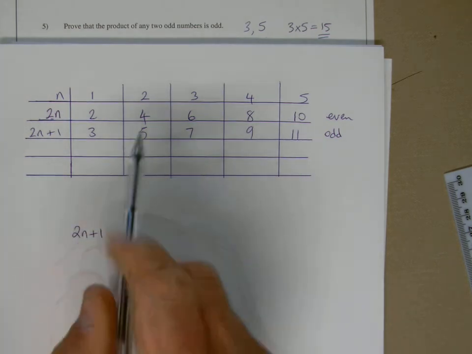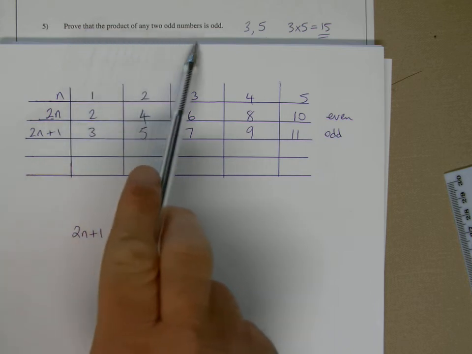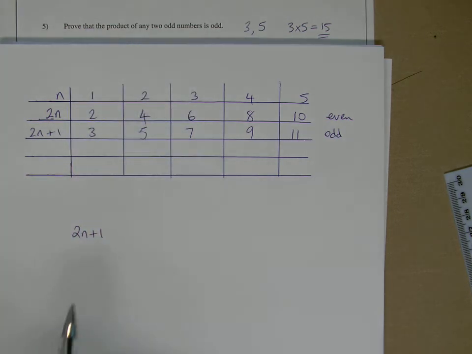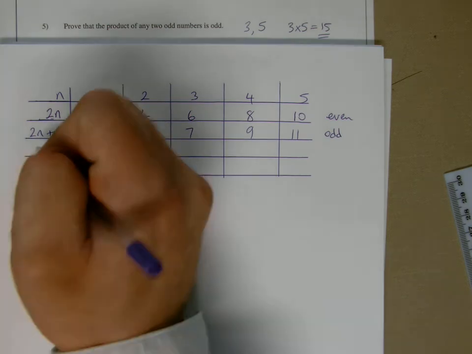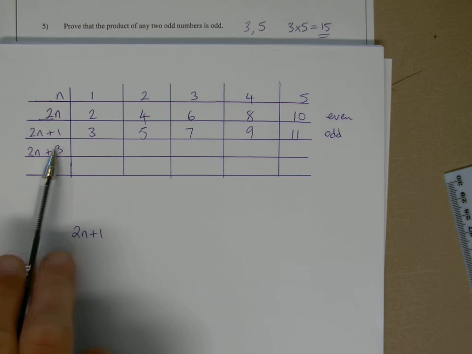Now it says here, prove that the product of any two odd numbers. So I could think of this representing an odd number. Suppose I times it by another odd number. Well, I could think of 2n plus 1 again as the odd number, or I could even think about 2n plus 3, for instance. All I'm doing is adding an odd number onto this.